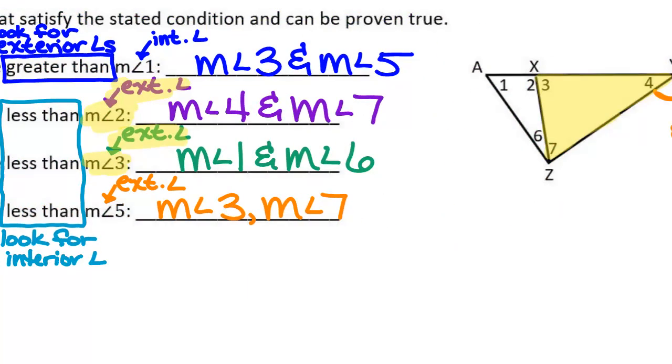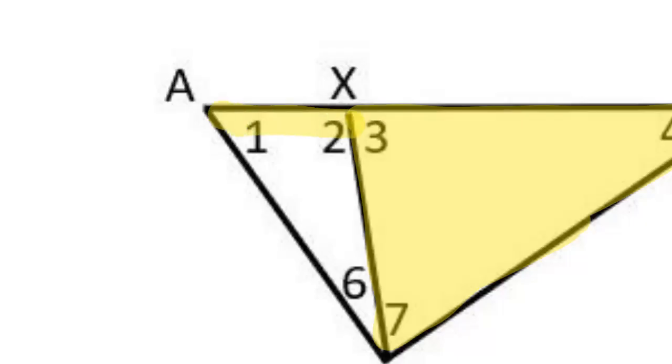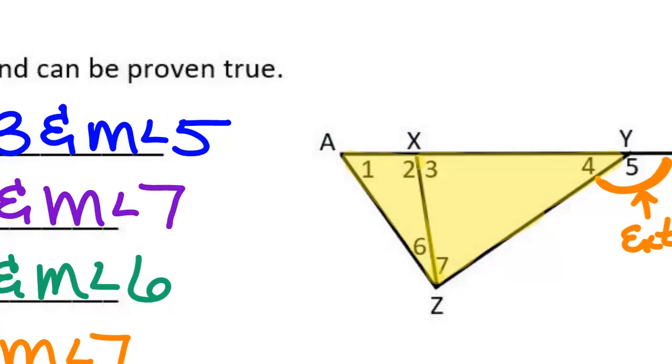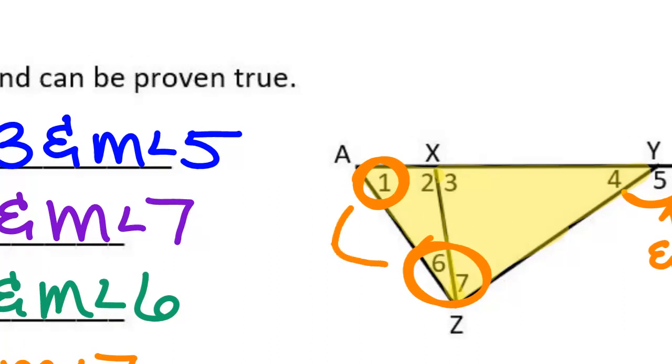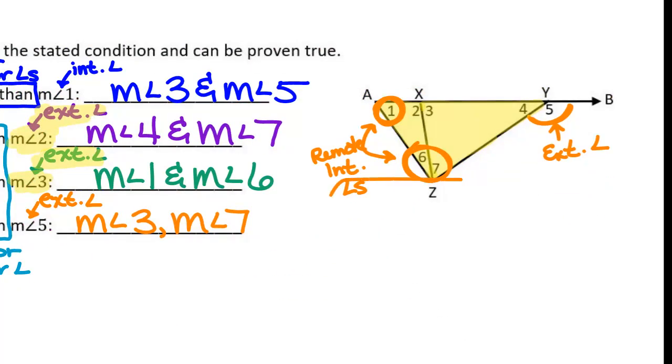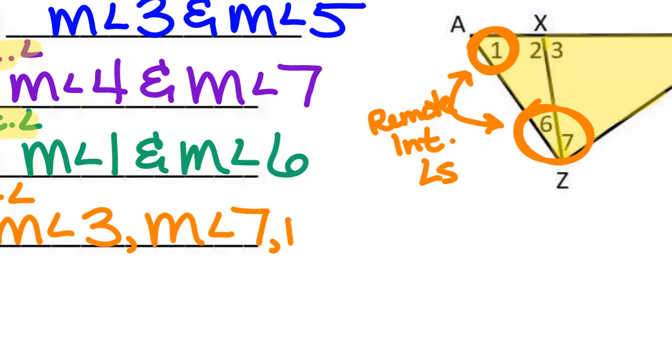But angle 5 is also exterior to this larger yellow triangle. What would the remote interior angles be now? 1 and then 6 and 7 together. These are the remote interior angles of this larger triangle. So it's also bigger than the measure of angle 1.